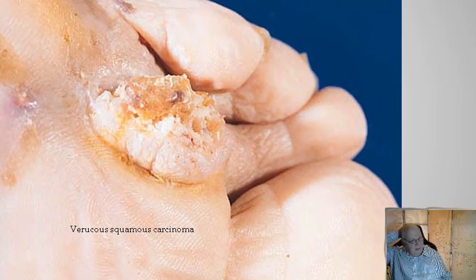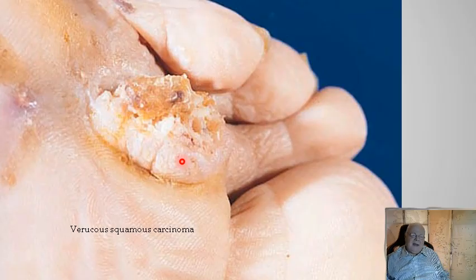But still, we have at least one particular form, which is called verrucous squamous carcinoma, growing on the surface of the skin or mucosa, looking very much alike, though somehow larger, a verruca vulgaris. So it's only growing on the surface, and it's not at all growing in the deep by infiltration.